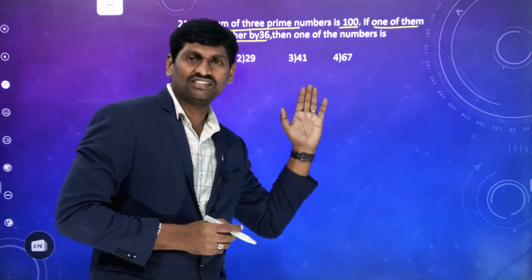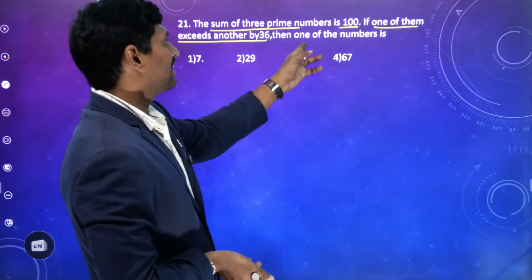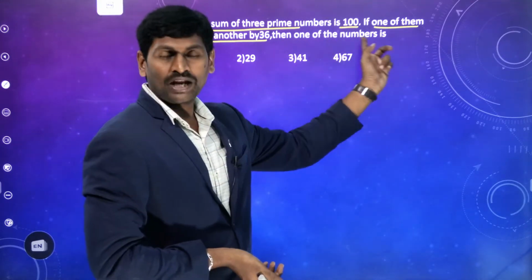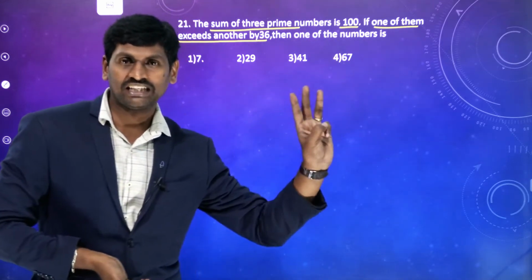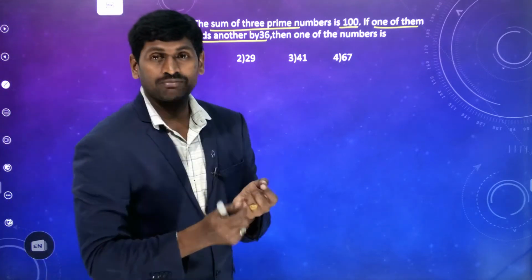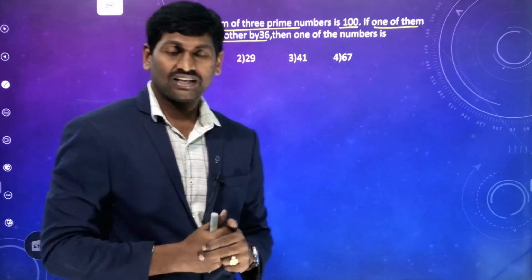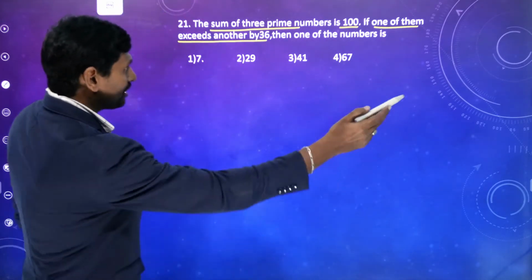We got a clue here: that is the relation between only 2 prime numbers. The third prime number we should also find, and among them one of the prime numbers is here.